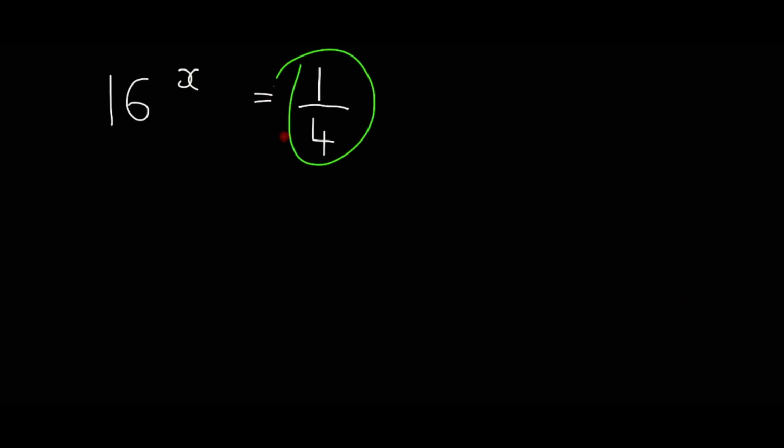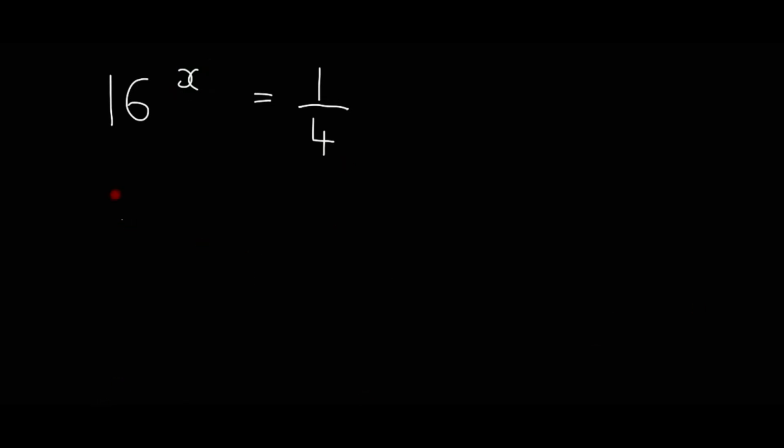And then let's say we have 16 to the exponent x is equals to 1 over 4. Now you can see that we have a fraction. So the first thing, we try to change this fraction, because what we know is that our variable is an exponent. So this means at some point we try to make this number and this number have the same base so that we can equate the exponents.